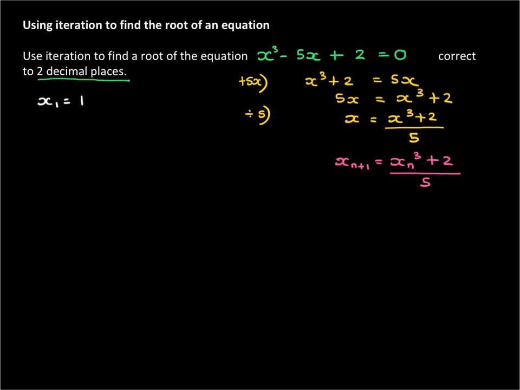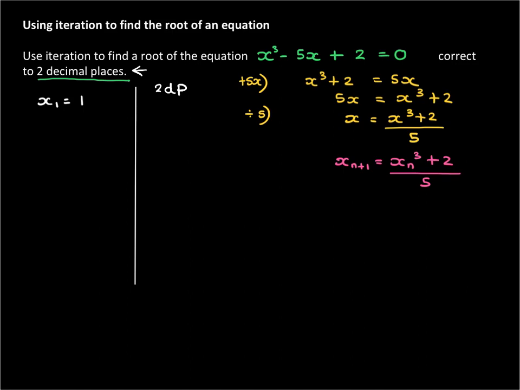Now, the best way to set up our working is to make sure we have a table of values. On the left-hand side, we're going to write down at least 5 or 6 decimal places of accuracy for each value we generate. And then on the right-hand side, we're going to write down the value rounded to this degree of accuracy, which for this question is 2 decimal places.